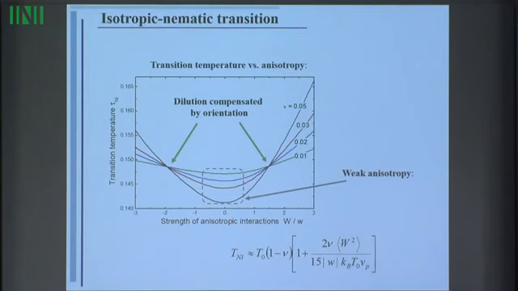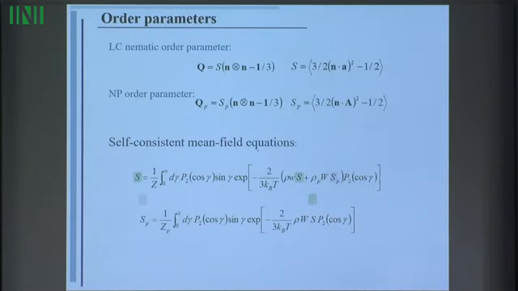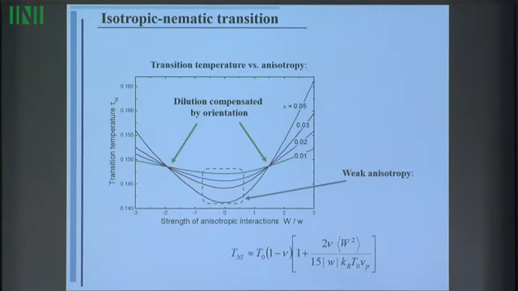So that's again the case where we can consider how the nematic-isotropic transition depends on the strength of this anisotropic interaction. Here we are. This is the key, the region of weak anisotropy.